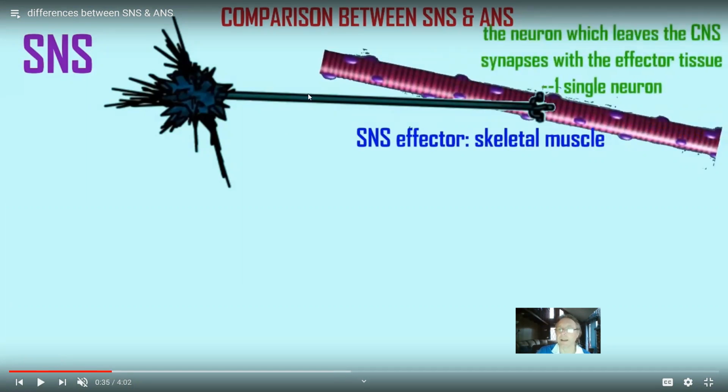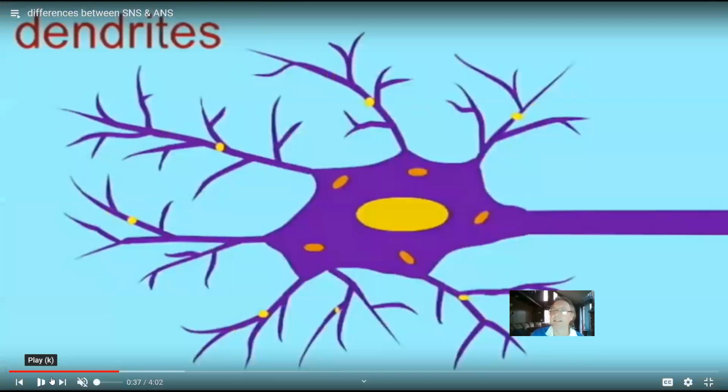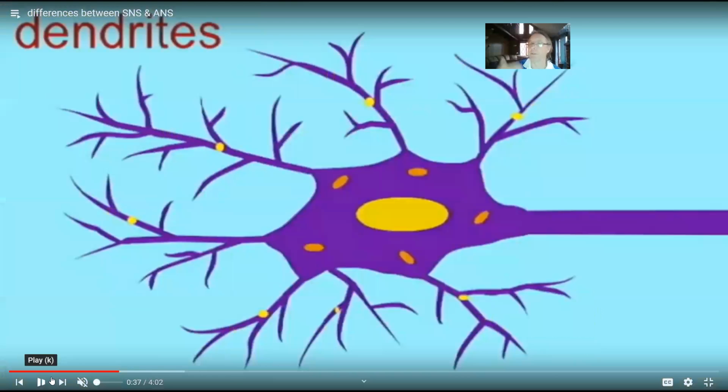Unlike the somatic nervous system, the SNS, where commands are sent to skeletal muscle, the autonomic nervous system, the ANS, sends commands to everything that isn't skeletal muscle: cardiac muscle, smooth muscle, exocrine glands, endocrine glands, and adipose.